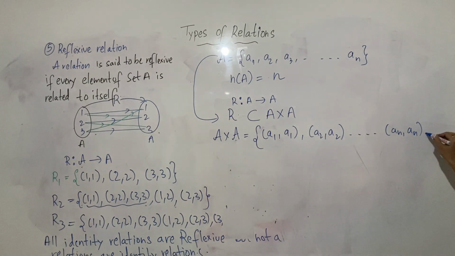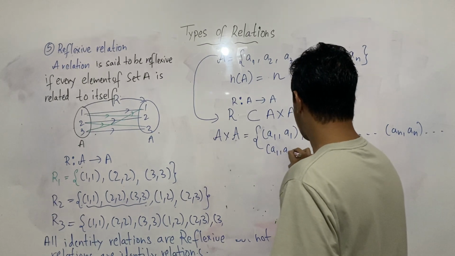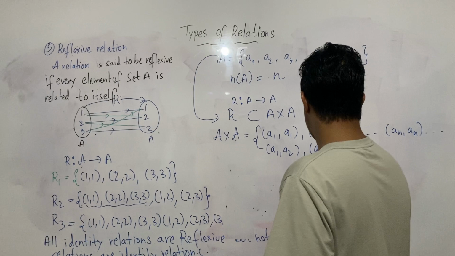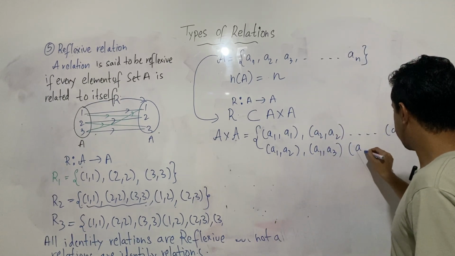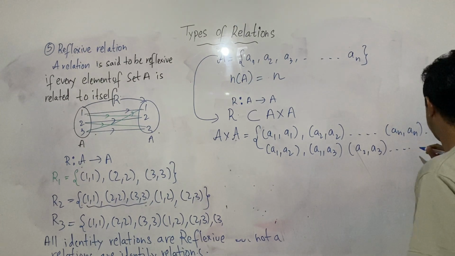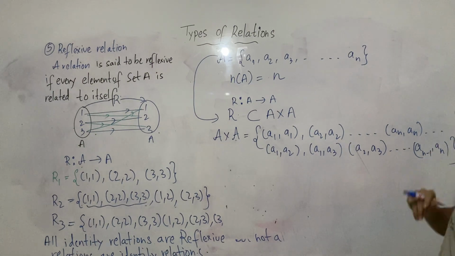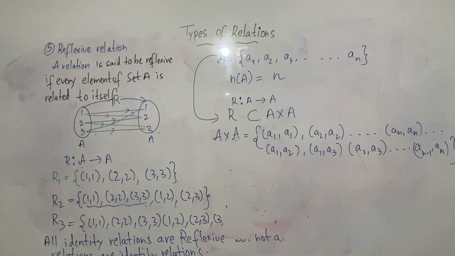And then I'm also going to have A1, A2, then A1, A3, then A2, A3, and so on, something like A(n-1), An. I hope you agree with me. Is it visible? Yes, it is visible.